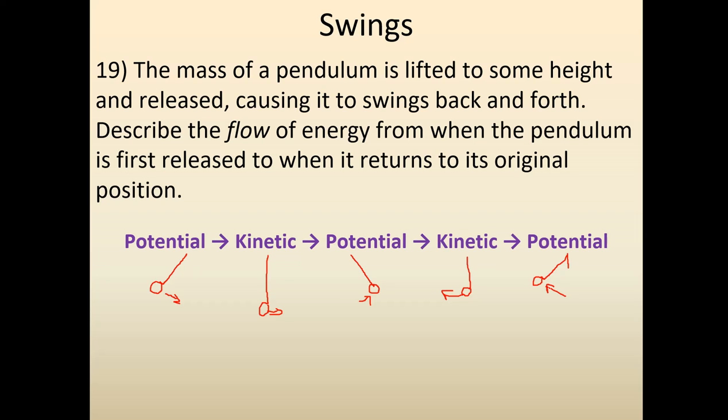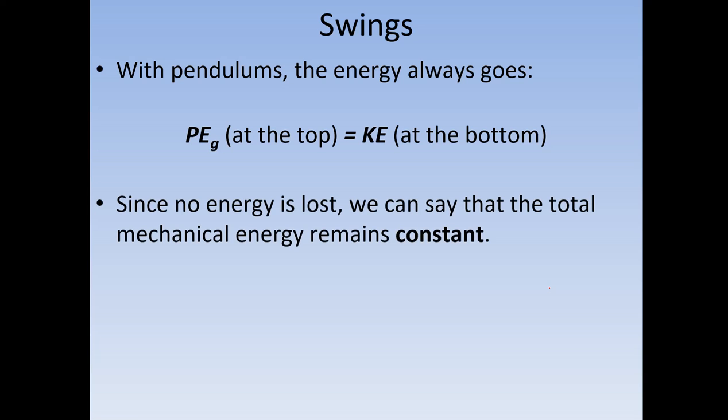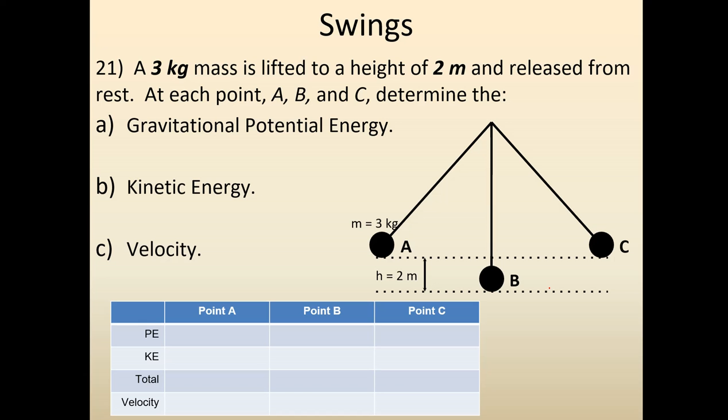The total energy of the pendulum does not change, but we have a constant changing between the types of energy. So yeah, it always ends up having potential at the top, kinetic at the bottom, and the mechanical energy is always going to remain the same because no energy is going to be lost to friction or heat, at least in the ideal cases.